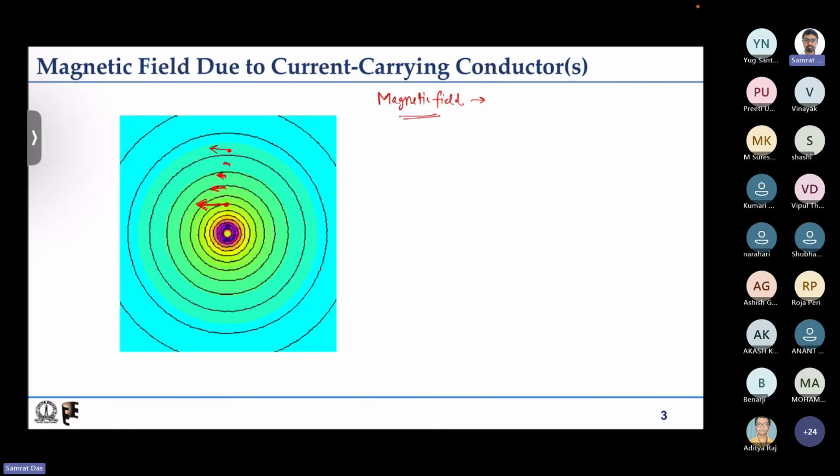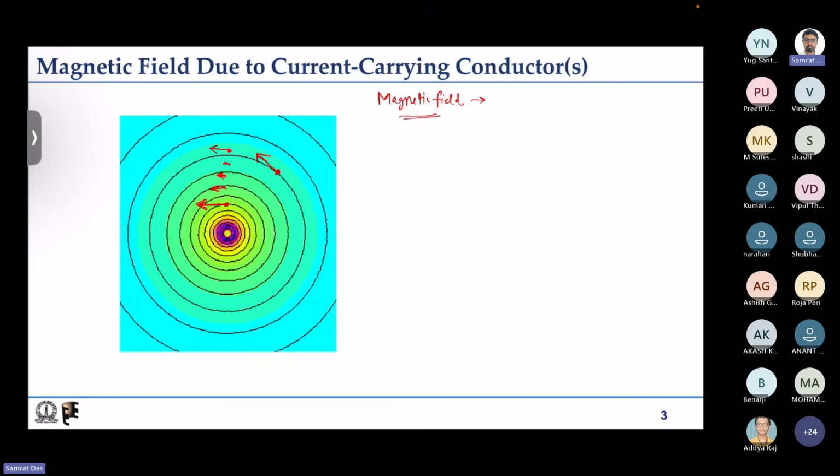If in a certain region the density of the flux lines is high, then that indicates a high flux density region. And at any point on a flux line, if we draw a tangent, then that tangent tells us the direction of the magnetic field. This is the simple way of representing a magnetic field through flux lines.